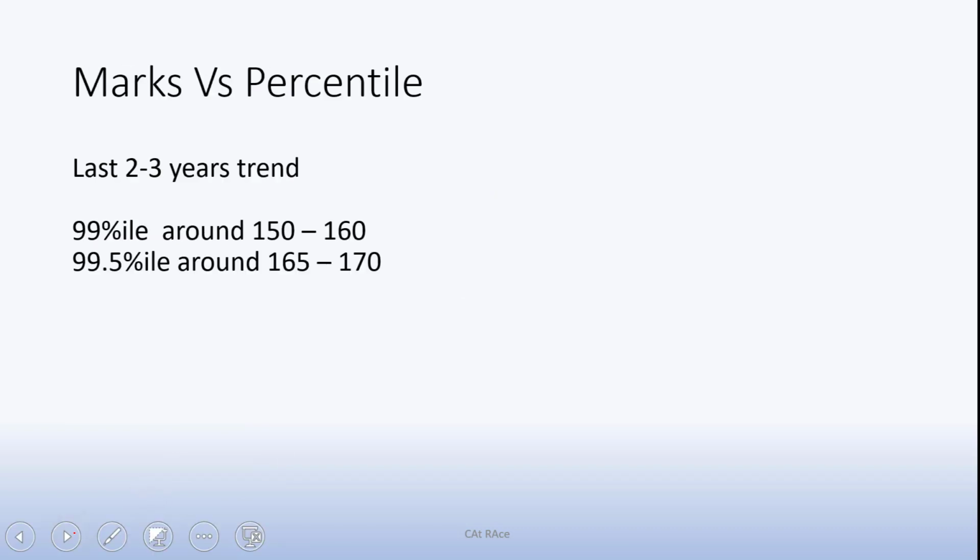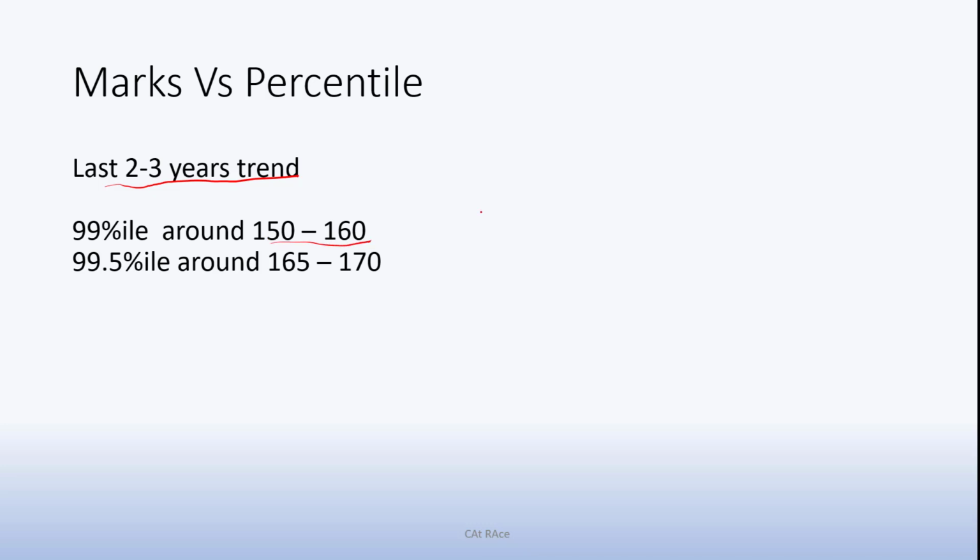What percentile are you aiming for, and what marks should you get to reach that percentile? This is the trend of the last 2-3 years that we have seen in CAT: 99 percentile is around 150 to 160 marks.